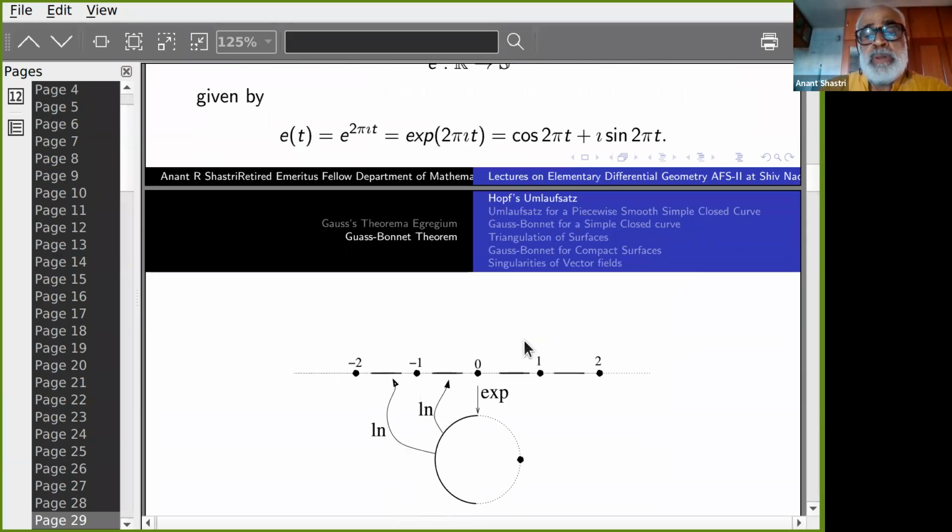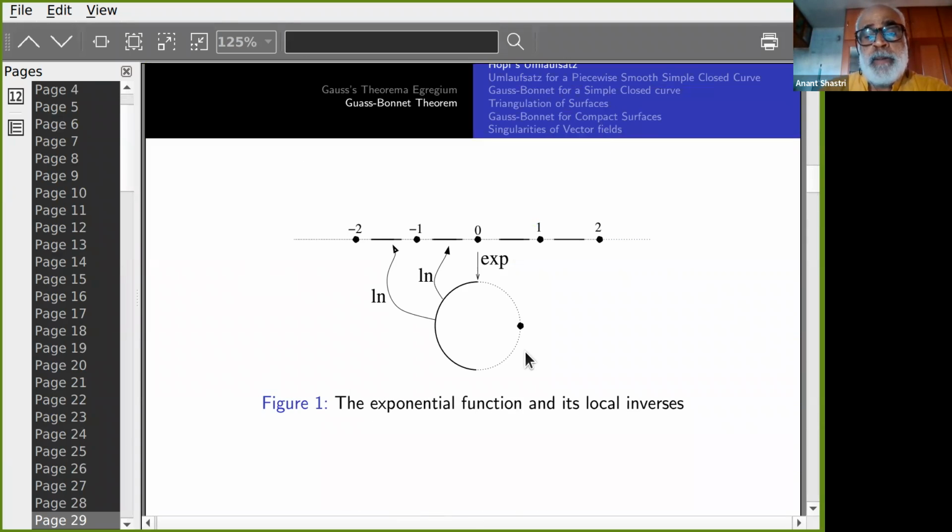So schematically, here you have the circle. Here you have the real line, and this is the exponential map. 0 will go to this dot here, which is 1 plus 0i, the unit vector 1 in the complex numbers. Okay. So I have taken a half circle here, from here to here.